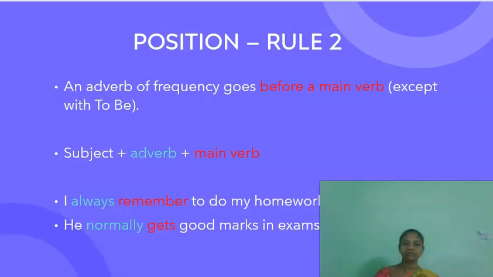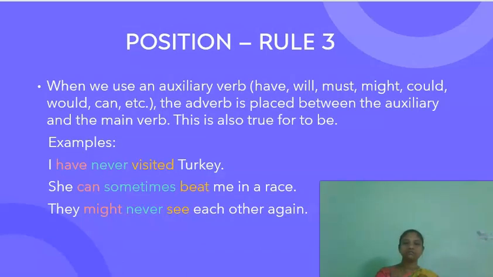Let us pass on to the third rule in adverbs of frequency. When we use an auxiliary verb like have, will, must, might, could, would, can, etc., the adverb is placed between the auxiliary verb and the main verb. Examples: I have never visited Turkey.